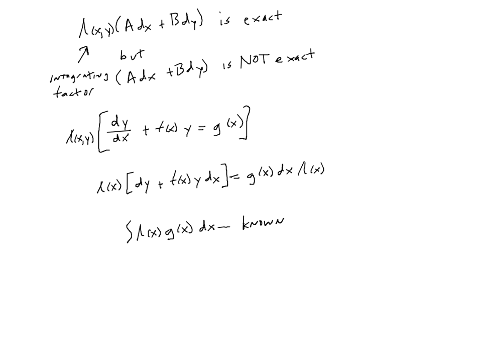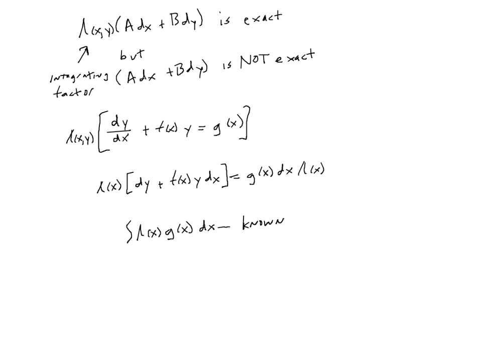Everybody know why it's known? Because it's just x's. There's no y's. So all we have to do is just throw it in. If we know what lambda of x is, and if we know what g of x is, we can integrate. We can integrate any function out there that we know how to integrate.